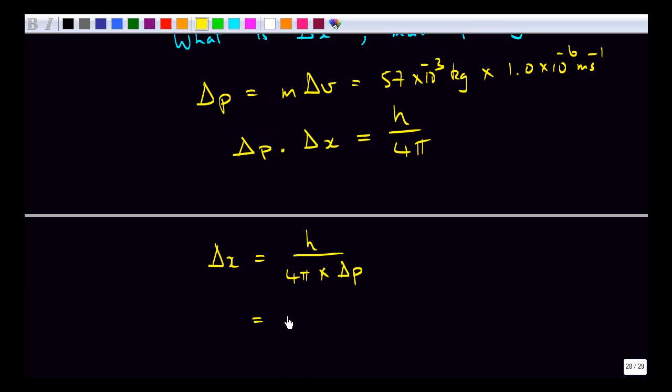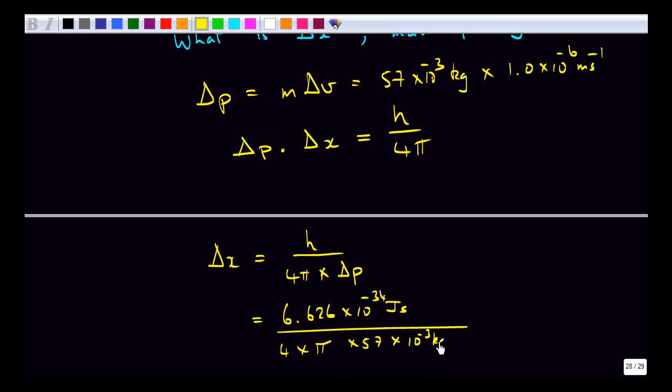So you can plug in then the values into that, and if you do that you get 6.626 × 10^-34. That's Planck's constant, and it's in joule seconds, and you divide that by 4 times pi, and it's 57 × 10^-3, and that's kilograms, and that's all then divided by the uncertainty in the velocity, which is 1.0 × 10^-6, and that's m s^-1.